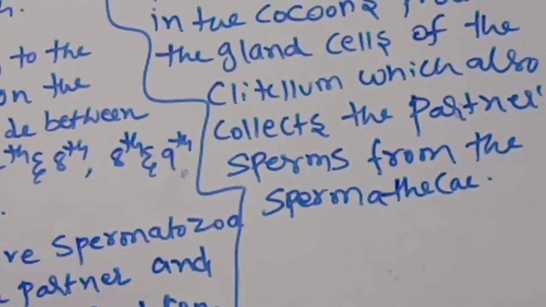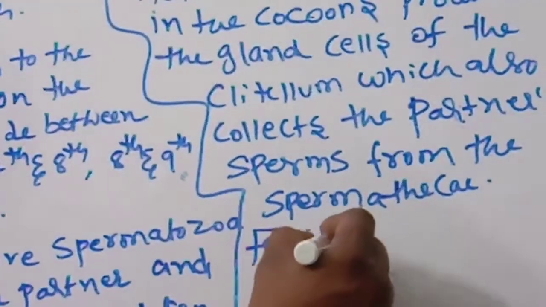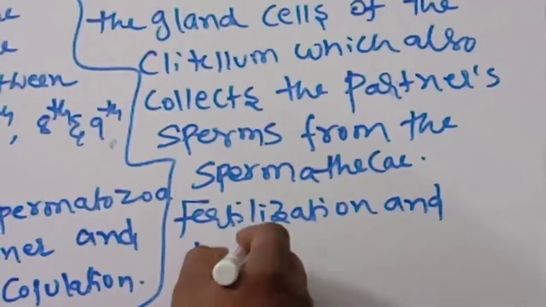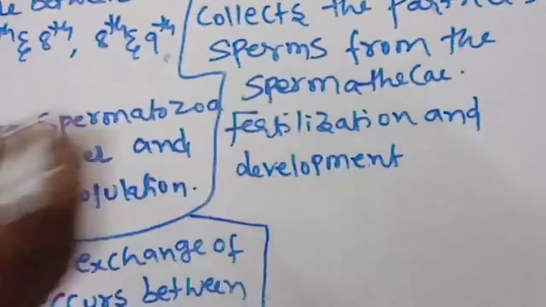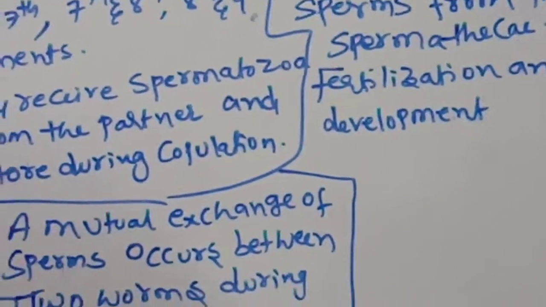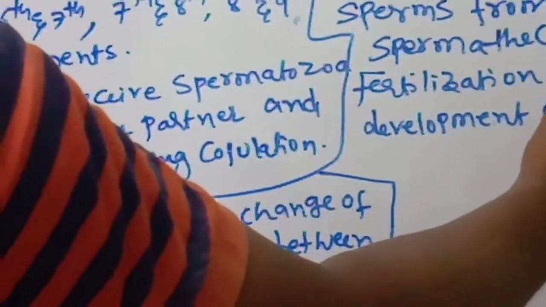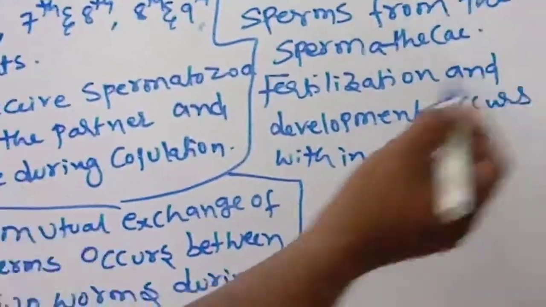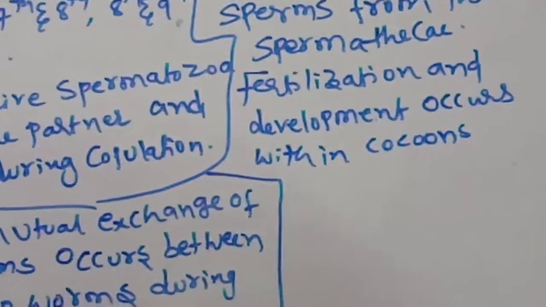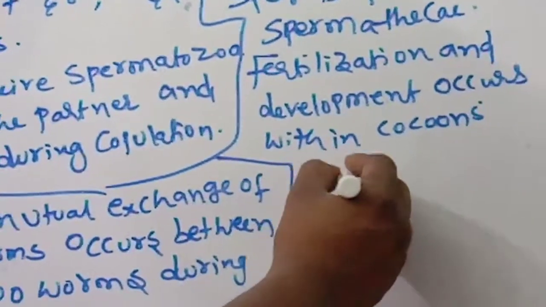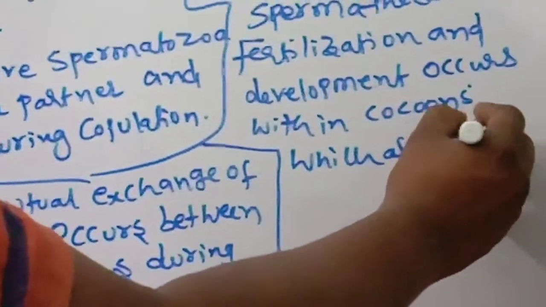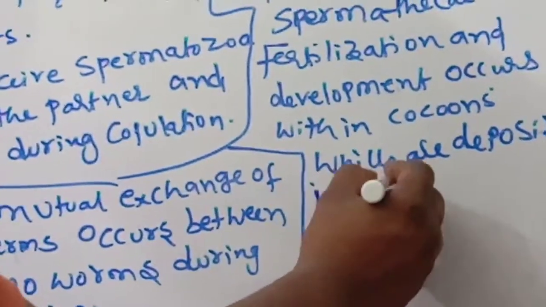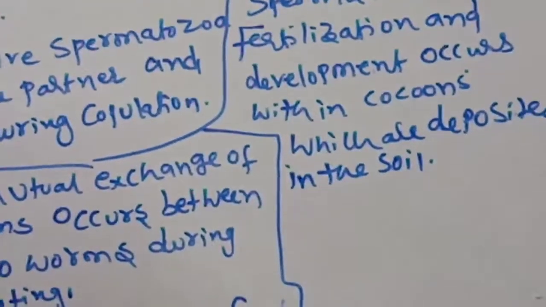Next one, fertilization and development. Fertilization and development occur within cocoons, which are deposited in the soil. This is important.